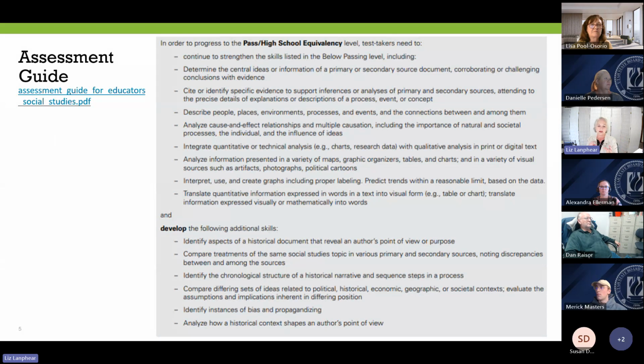I always downloaded it in the 4 segments so that I could just look at whichever segment I wanted versus trying to scroll through the whole big document. So that is the link. I will send this out in PDF form to Danielle and she can distribute this to you. These would be clickable links that would take you straight into those resources.